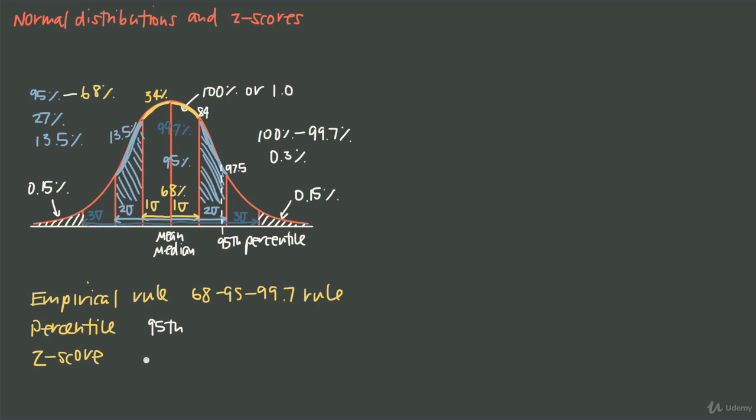So the formula that we use for the z-score is z equals (x minus mu) divided by sigma, where mu is the mean, so right here at the center. X is the particular point that we're interested in, so x might be this point right here. And so when we take x minus mu, the mean, we're really getting this distance right here, the distance between the mean and the point that we're interested in.